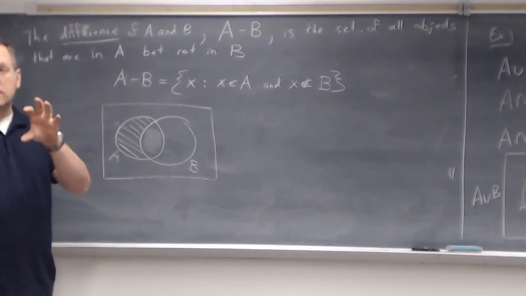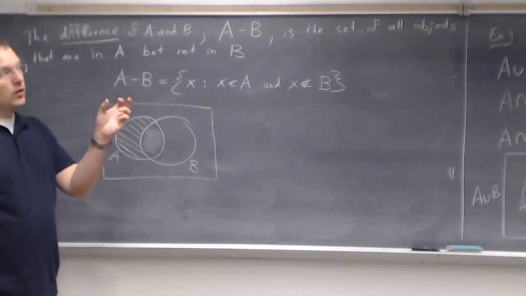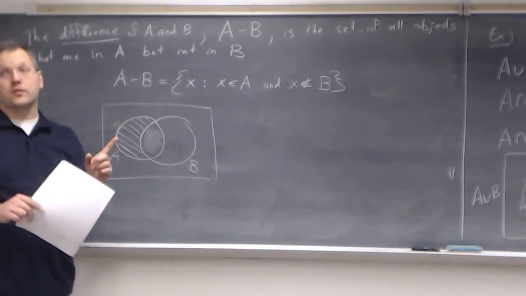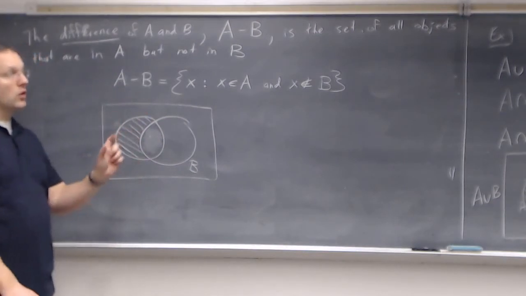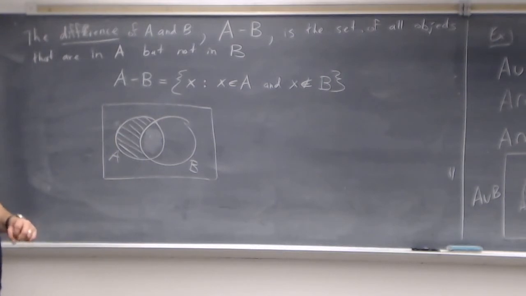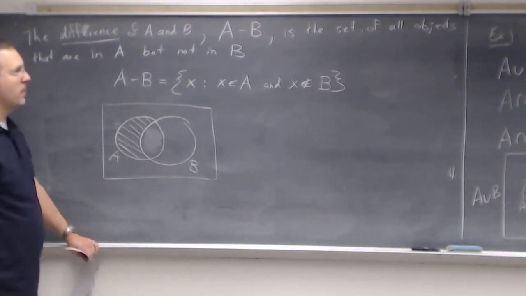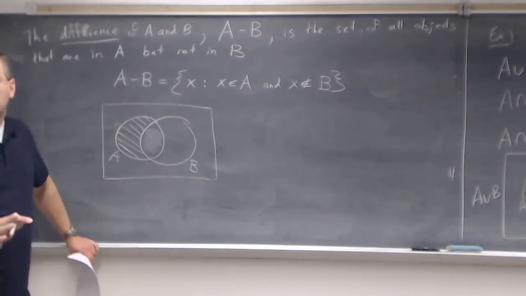If you have three sets, and one's a union, one's an intersection, then you're going to have to have some parentheses to make absolutely clear what set you're talking about. Okay. Any other questions? These are good questions.